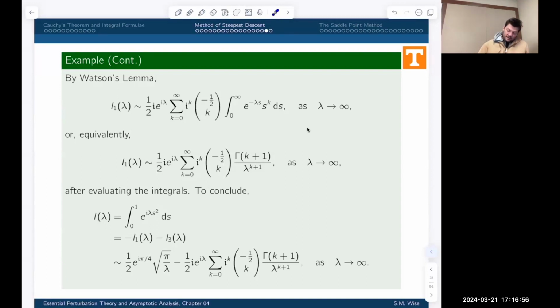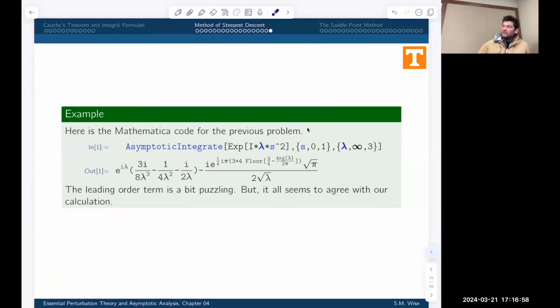Okay, so I decided to ask Mathematica if it could do this same problem. And remember, Mathematica probably doesn't know how to do contour integration, or at least it could do contour integration if you told it what contour to use. But I didn't say anything about any kind of contours or anything like that.